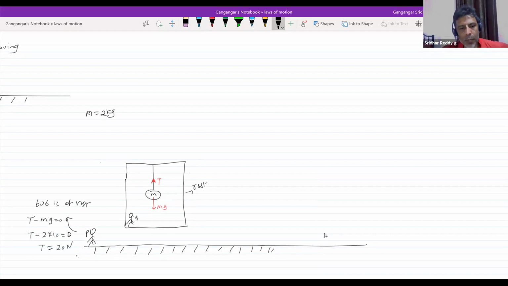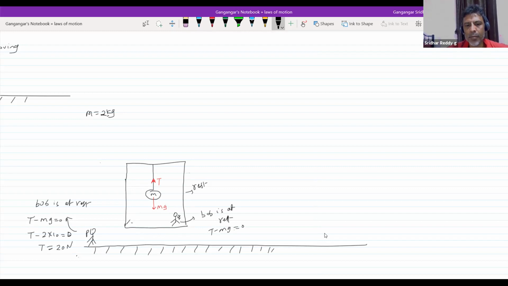And what about person Q? Person Q will also comment the same thing. Bob is at rest, and what will the equation be?